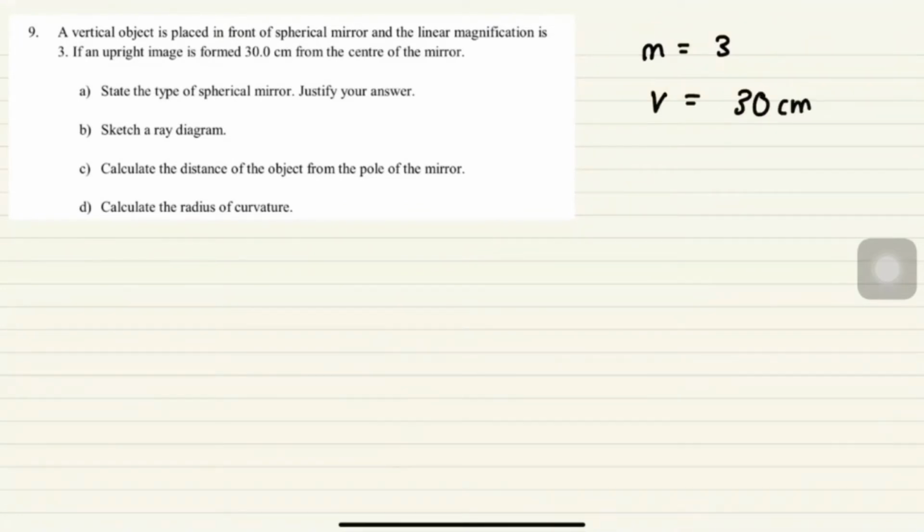Magnification M sama dengan 3 maksudnya image tu membesar ke mengecil? Magnified kan? Magnified. So kalau image tu magnified, mirror apa yang boleh produce magnified image? Yes, image is magnified.